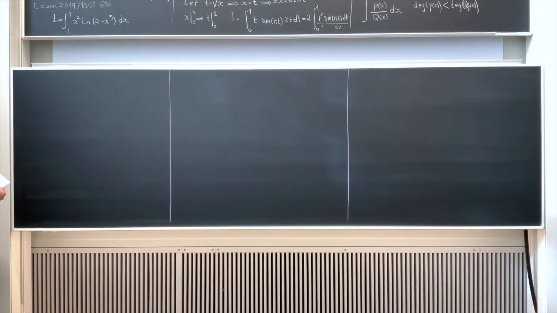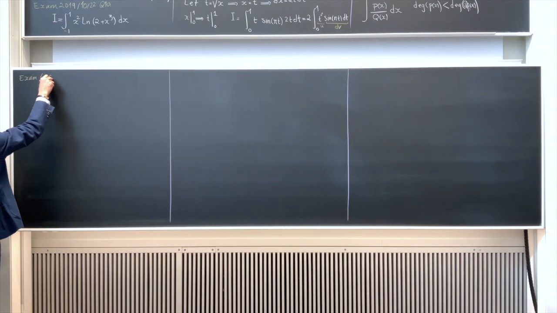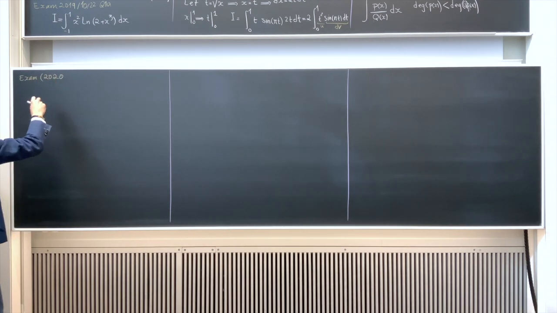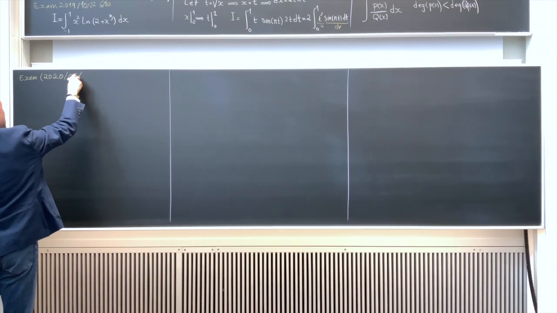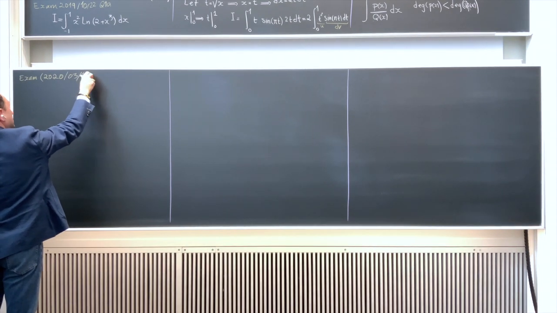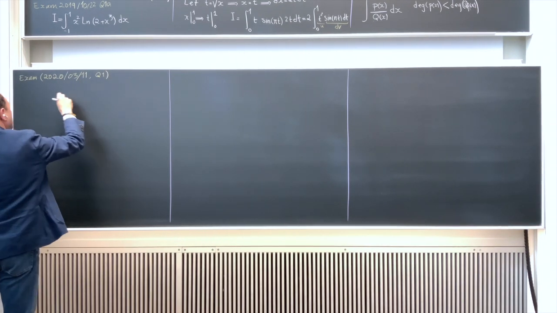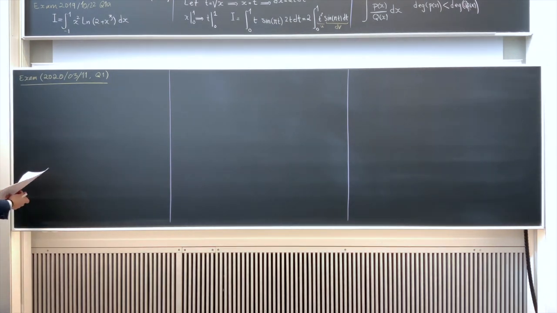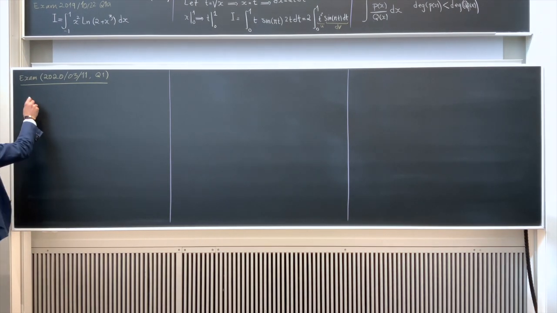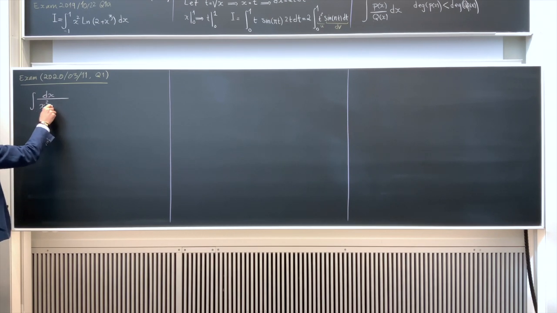So this is exam 2020 03011, question number 1. Okay, so you want to evaluate the following integral: integral dx divided by x squared minus 4.